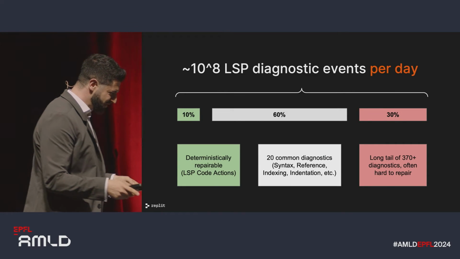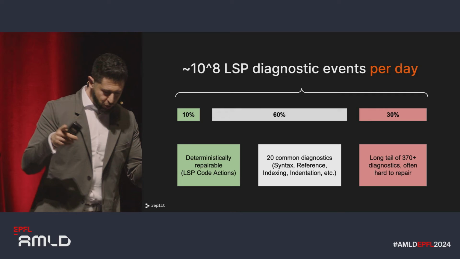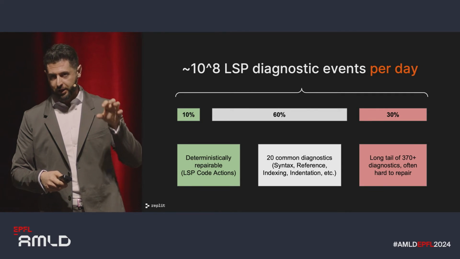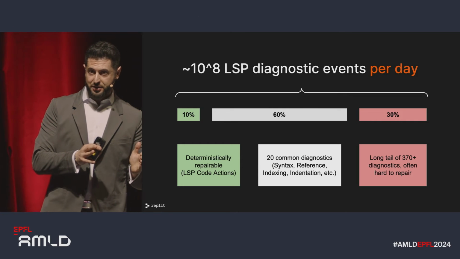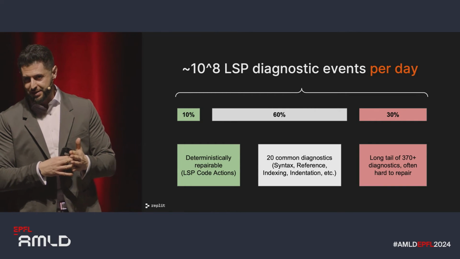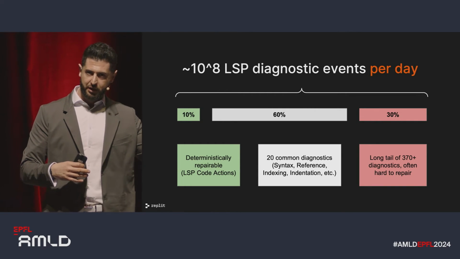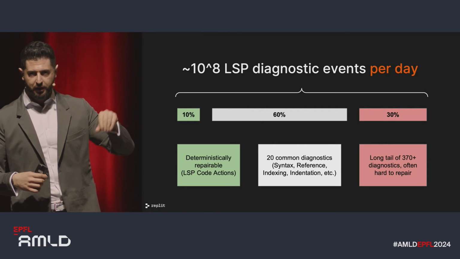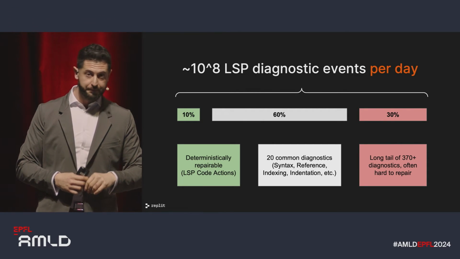So the insight here is every single day, we have hundreds of millions of diagnostic events happening on Replit. 10% of them are deterministically repairable. So some of those errors that you saw before, right away, the LSP, the static analyzer, can fix them for you on the fly.